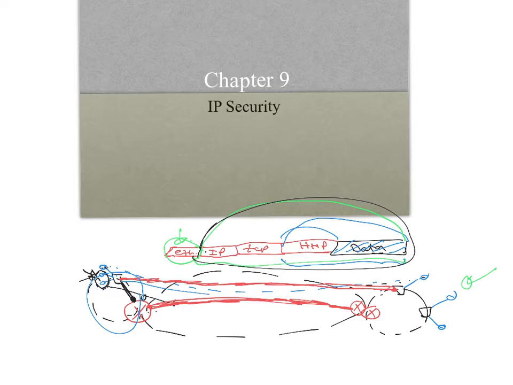We can do this. Understood? Clear? So this answers the question of why we need to have security at each layer. Now we need background from Network 1 in order to answer this question. Security at a certain layer does not really guarantee the security of the network infrastructure.